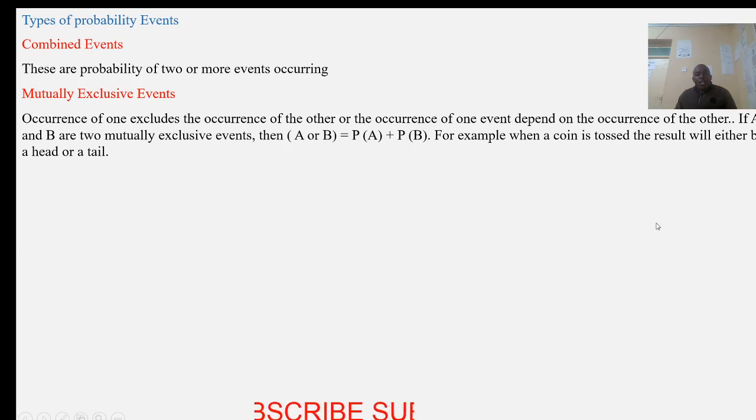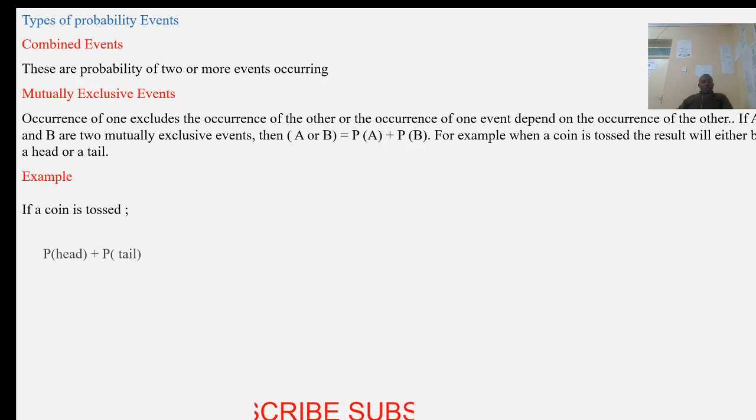For example, when a coin is tossed, the result will either be a head or a tail. The probability of a head occurring excludes the probability of a tail occurring. So we have the probability of a head occurring or the probability of a tail occurring.